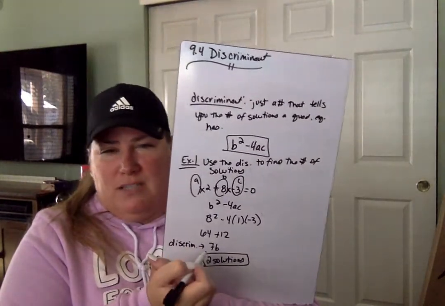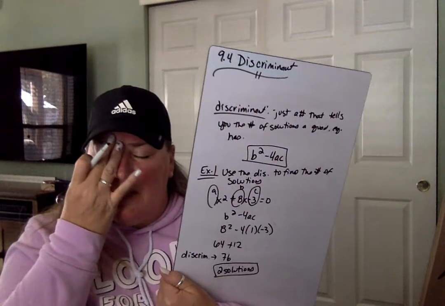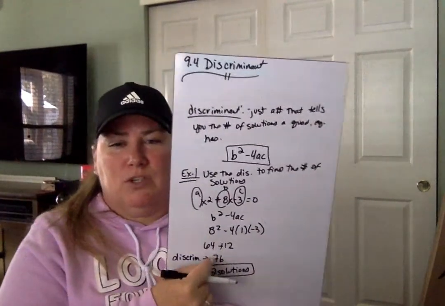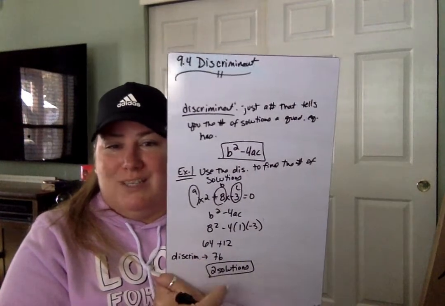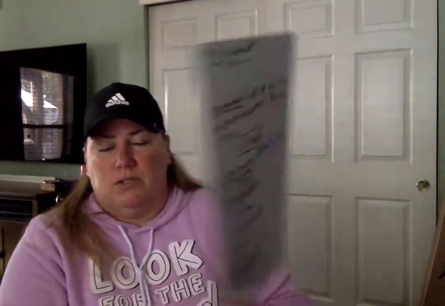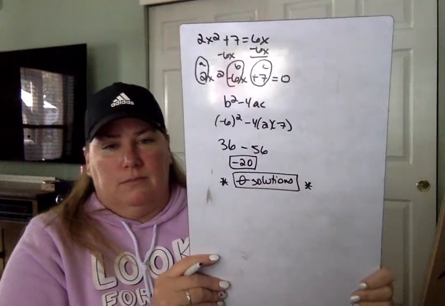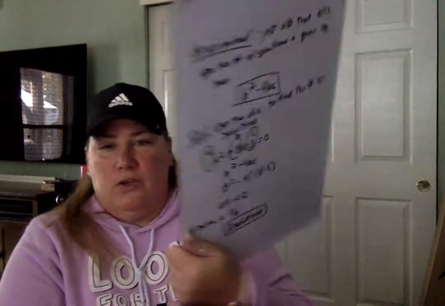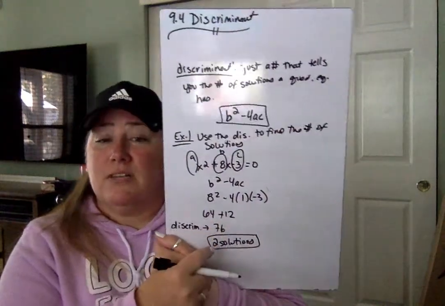I normally would have boxed this because I like things to pop out on my work. I want to know what I'm looking for. This is what you're going to look for in order to give you the actual answer to the question, which is the number of solutions. So there's 0 solutions, and our discriminant was negative 20. The discriminant on the first problem was 76, and there's 2 solutions.